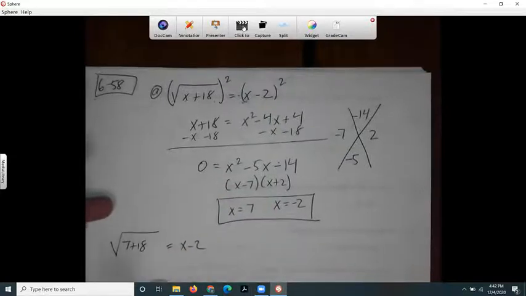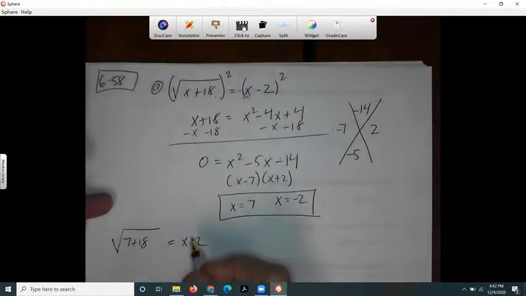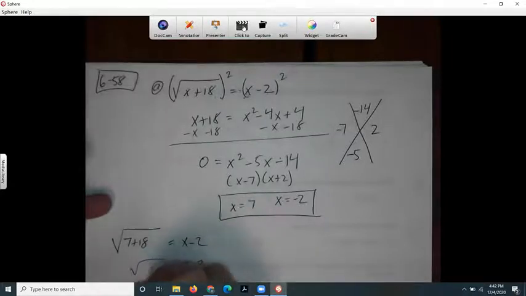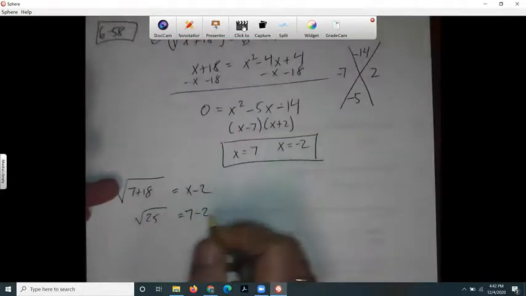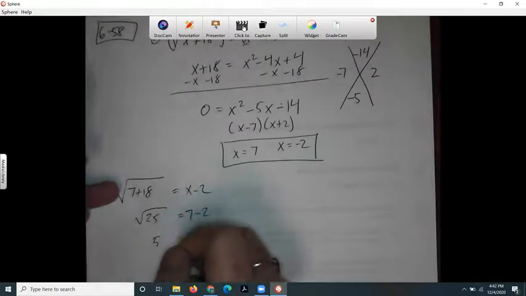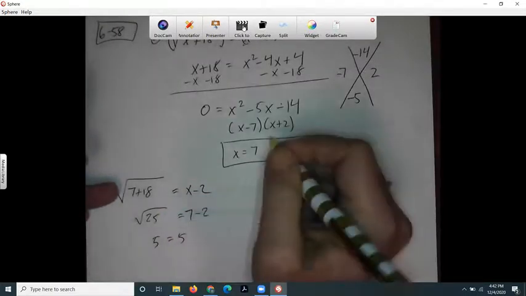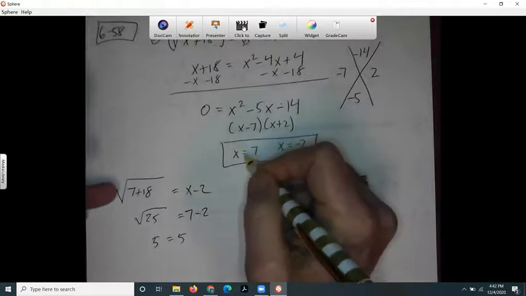Here's the original equation. So 7 plus 18 was 25. I couldn't do that in my head for some reason. This is 5 equals 5. So this equation works, or this number works.